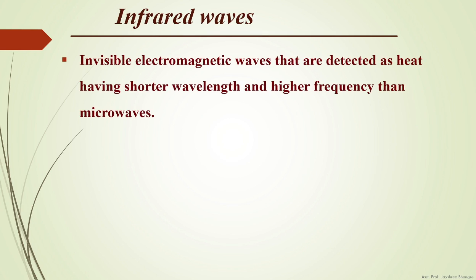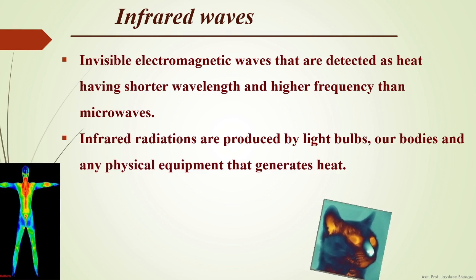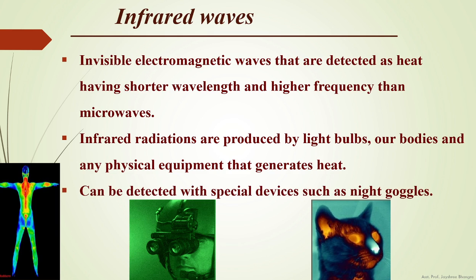Then infrared waves. These are invisible electromagnetic waves that are detected as heat, having a shorter wavelength and a higher frequency than the microwaves. Infrared radiation is produced by light bulbs, our bodies, and any physical equipment that generates heat, so it can be detected with special devices such as night goggles.